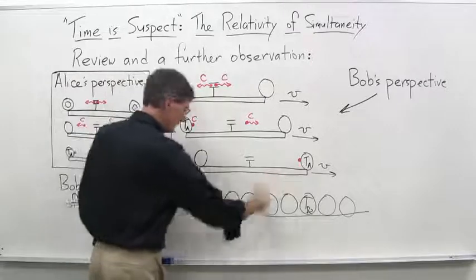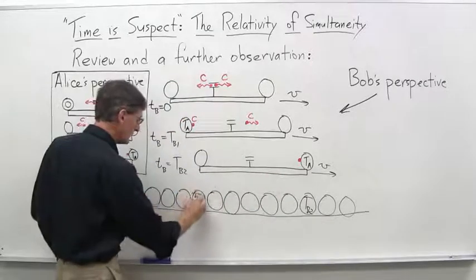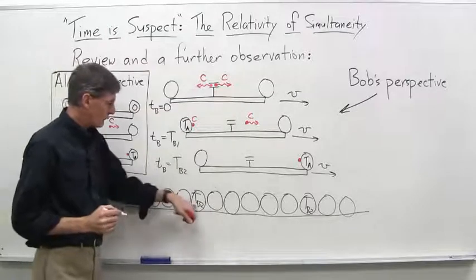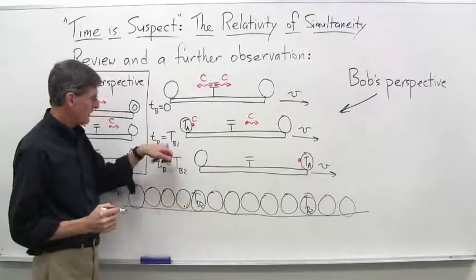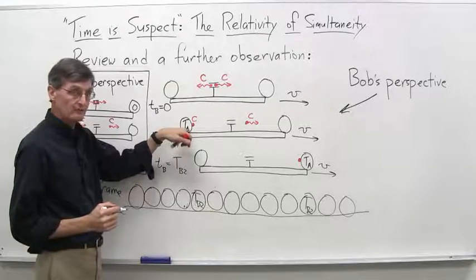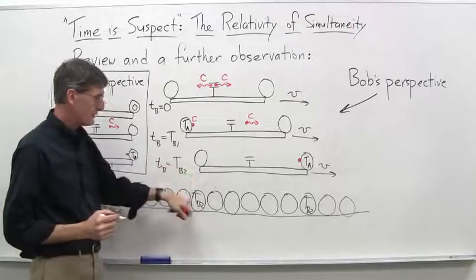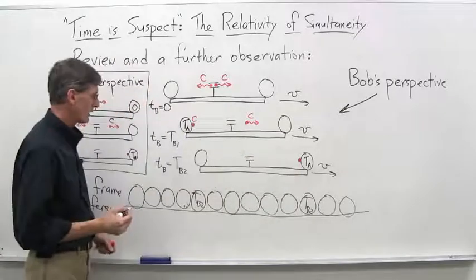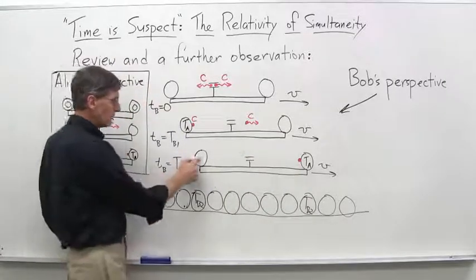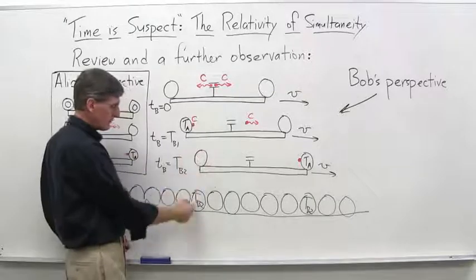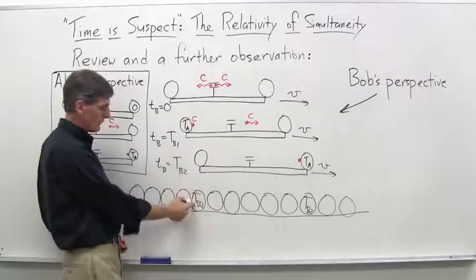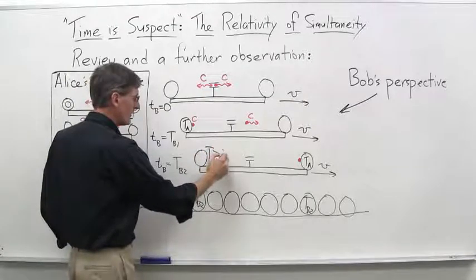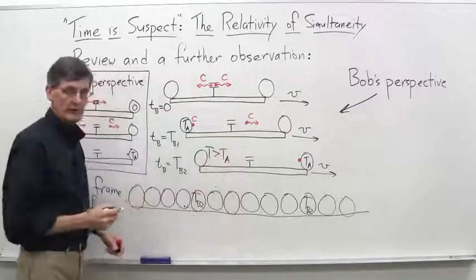And so all his clocks here would read T_B2, in particular this one as well, because they're all synchronized, of course, from his perspective. And what does this mean? Well, he read T_B1 for this flash over here, T_B2 at a later time for this flash, or the light pulse hitting the clock and triggering it there. That means this clock right here, if he took a photo right there and said, okay, I'm at T_B2 here, what's this one? We know it's got to be a time greater than T sub A.